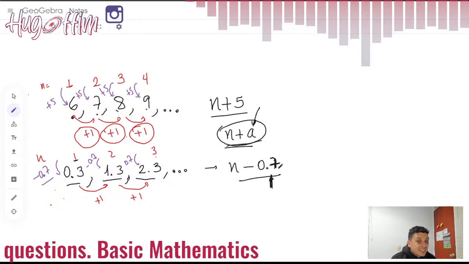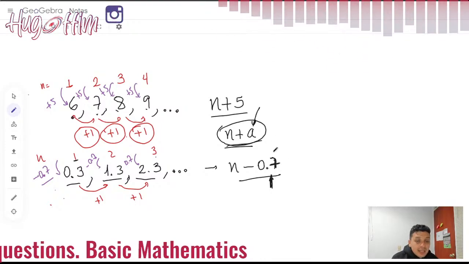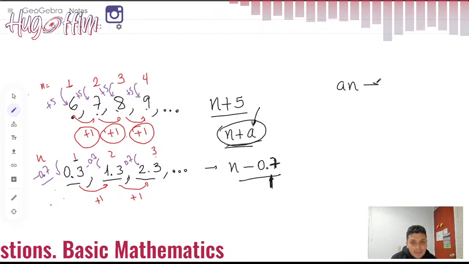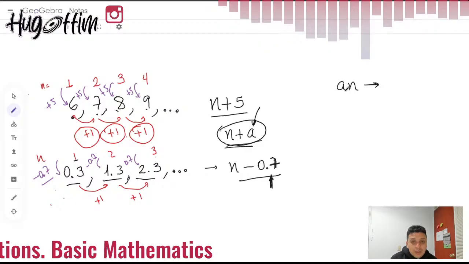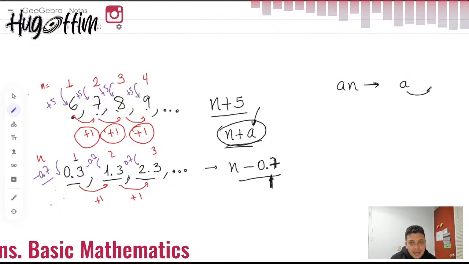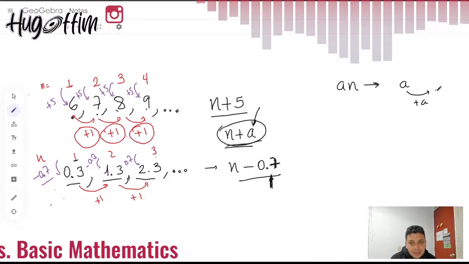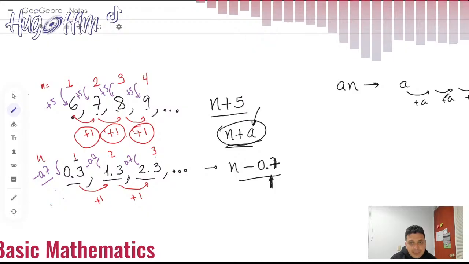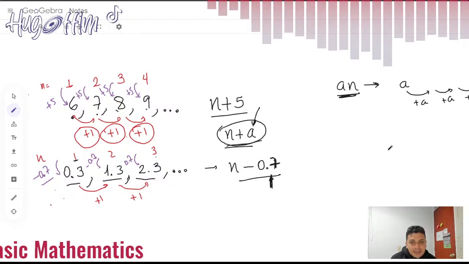So look at that. In this case, we have seen two sequences. The first sequence is of the form a times n. This sequence is simple: you start with a, and then you're adding a all the time. This is why it's an.